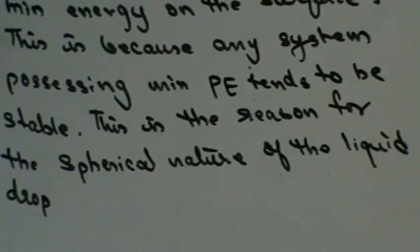Fine. So as the liquid surface tries to contract so that it possesses minimum surface area and tends to be stable, this tendency is due to the property of surface tension. So the surface area of the liquid will try to contract so that it can have minimum energy, and this tendency to contract is because of the property possessed by all liquids, which is called surface tension. Fine.